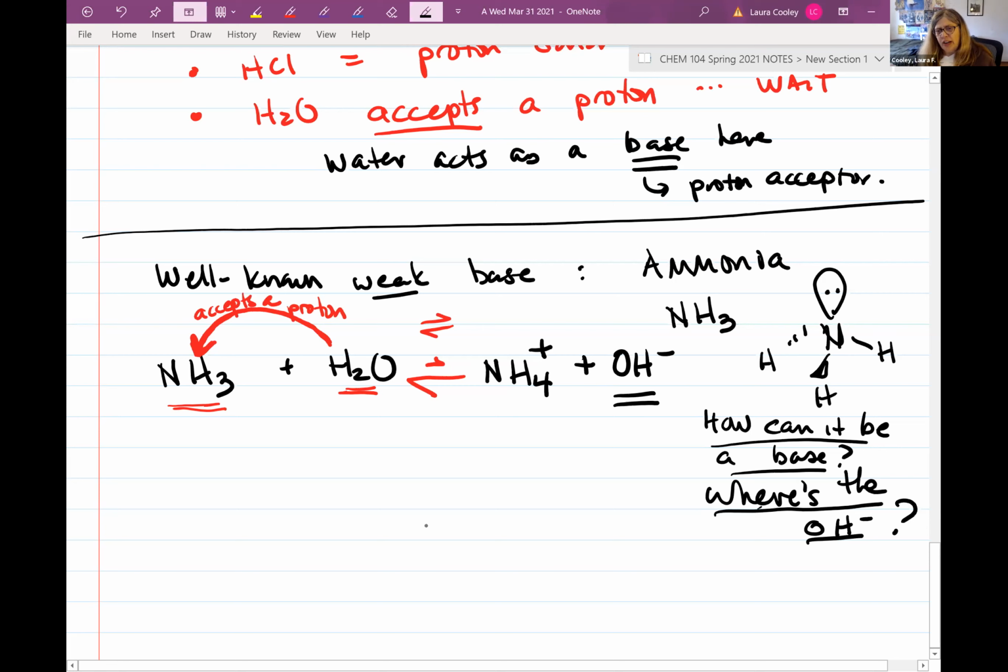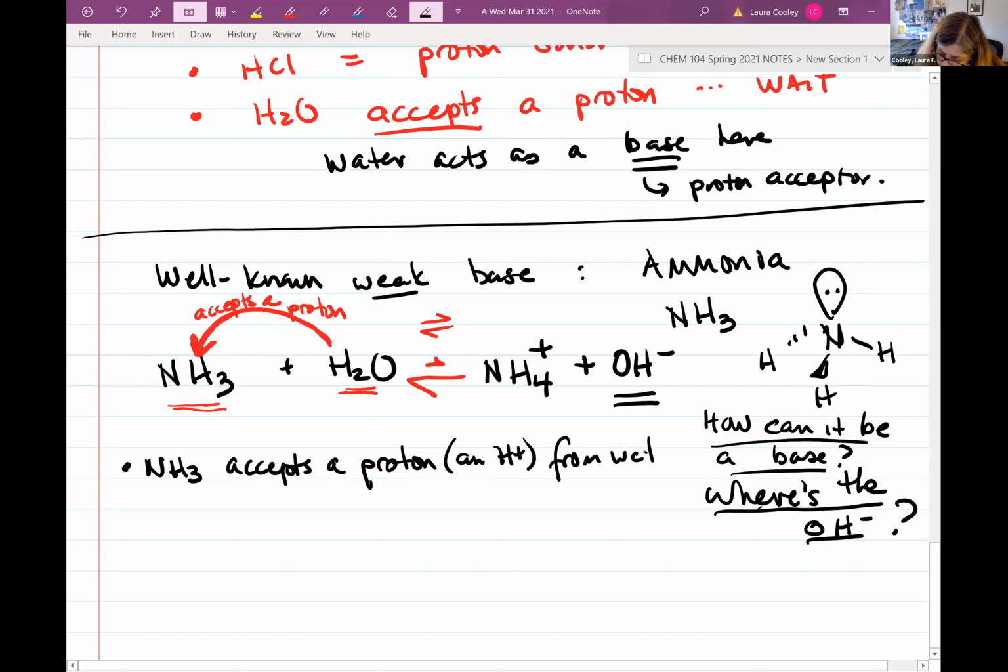If you were envisioning a base as just sitting there and forming OH minus, like sodium hydroxide, that's great for sodium hydroxide, but that definition doesn't work too well for ammonia. For ammonia, you have to realize that ammonia accepts a proton, an H plus, from water.